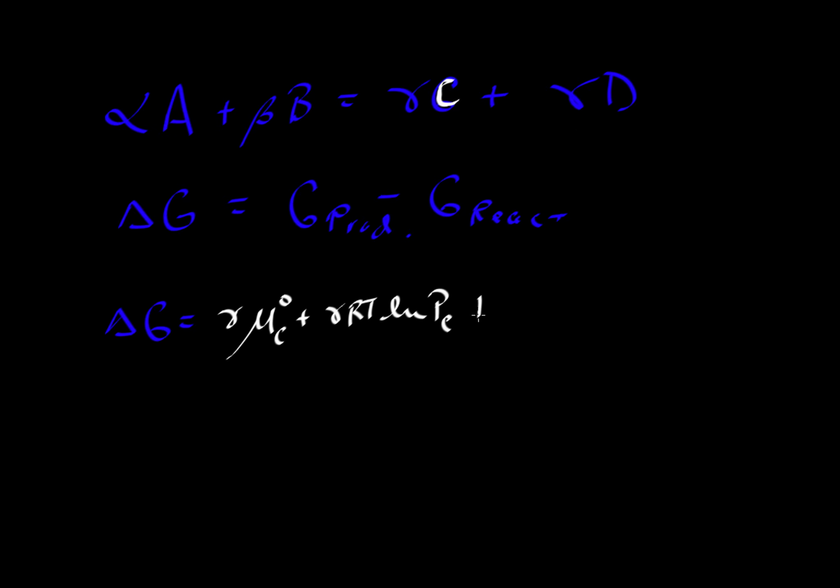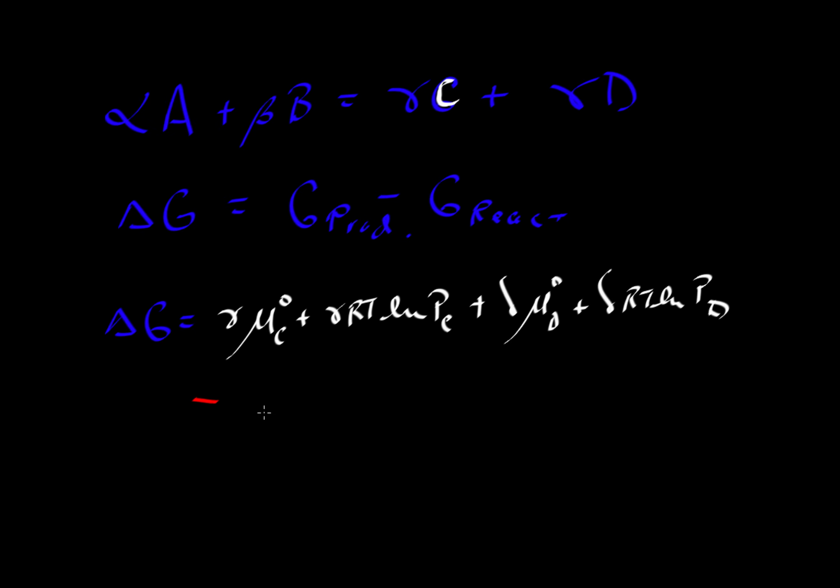And then on the product side, we have delta amounts of the chemical potential of pure D plus delta amounts of that correction for an impure case, RT ln the partial pressure of D. And then we would subtract from that the reactants.